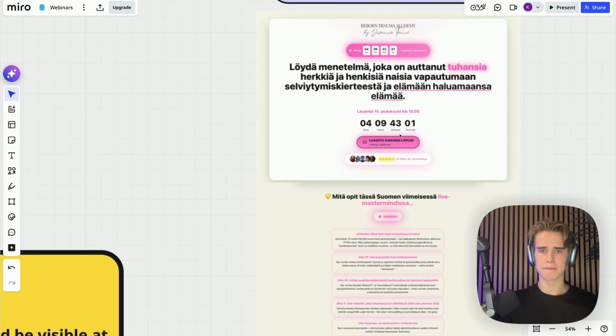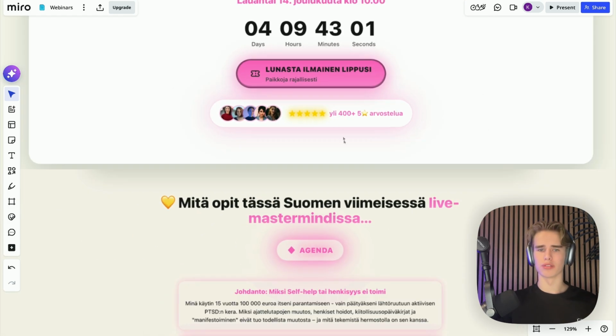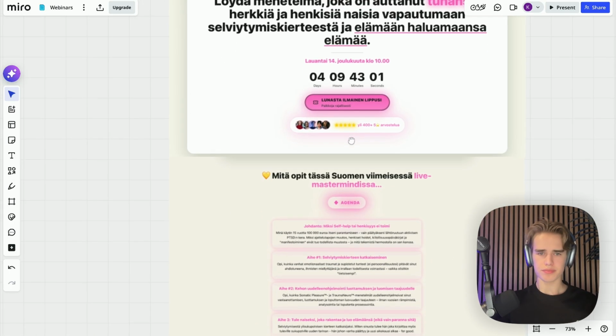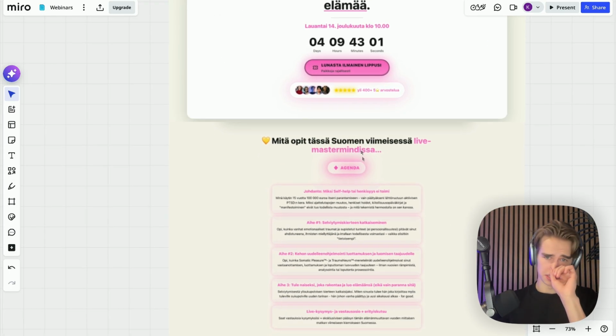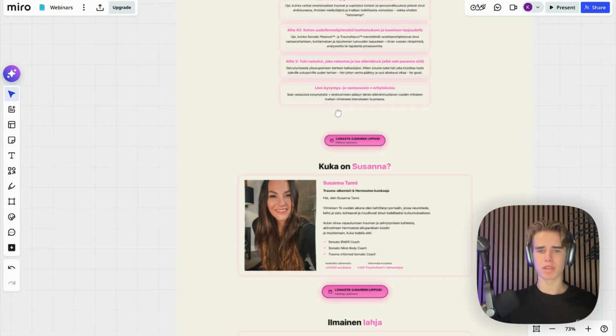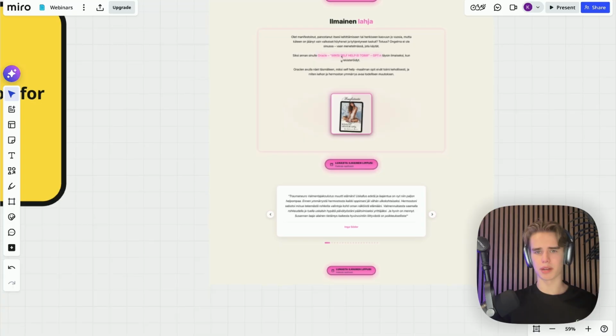Then countdown, the CTA, an authority case study, social proof, and this is in Finnish, but this is basically the agenda of what we're going to be going through: introduction, pillar 1, pillar 2, pillar 3, and then Q&A. Then who's the coach, their free sign up gift.